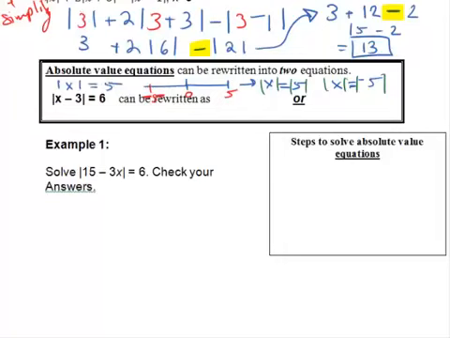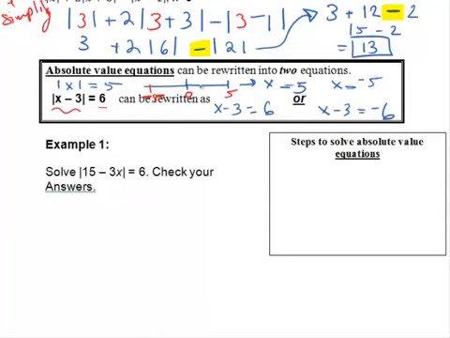So anytime you have the absolute value of something equals a number, you want to say that it can equal either the positive or the negative of that number. So you say x minus 3, the insides, might equal positive 6, or the insides, x minus 3, might equal negative 6. And then the absolute values have disappeared. They're not there once you say that it could be the plus or the minus. Let me fix this one up here.